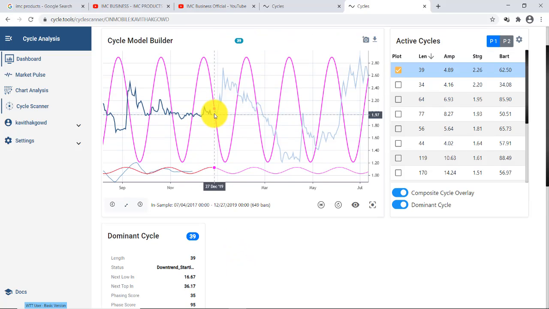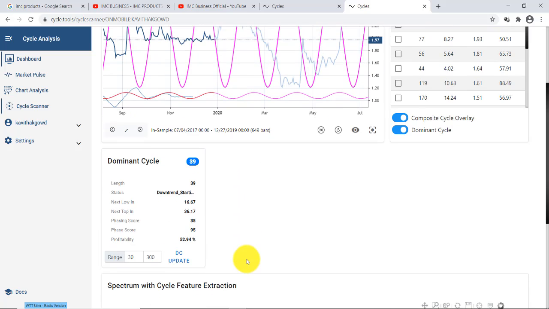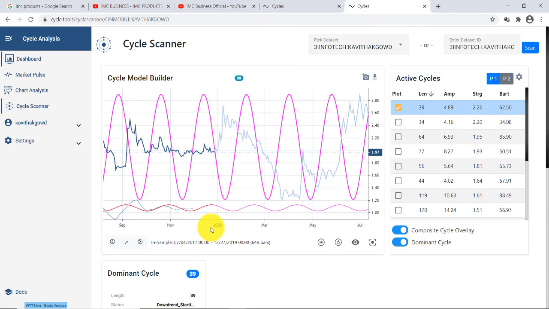This is minus 30, whereas phasing score is 35, it is given. Minus 30 means, and here plus 100. So plus 100 minus 35 means plus 65 we should see.